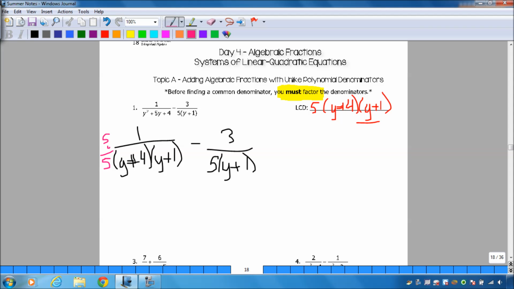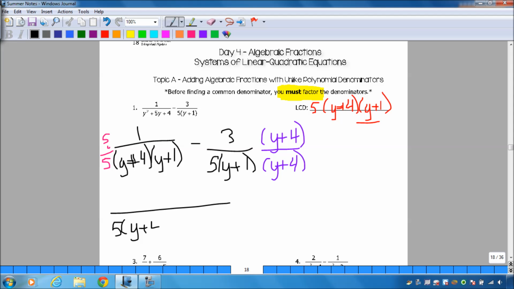My second fraction, I need to multiply it by y plus 4 over y plus 4. So that means my whole denominator will now be 5 times y plus 4 times y plus 1.